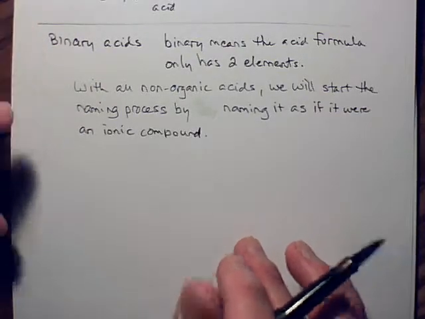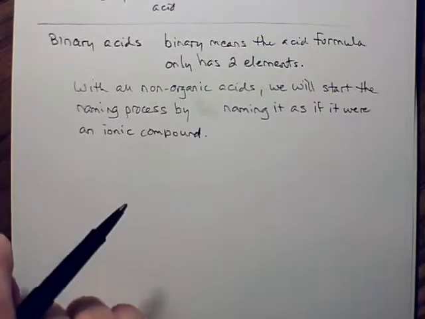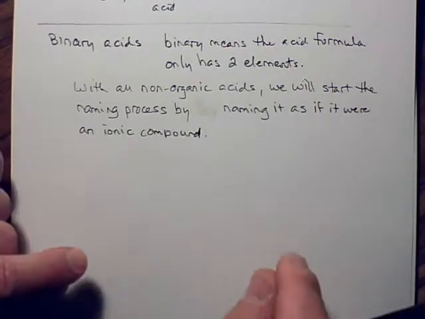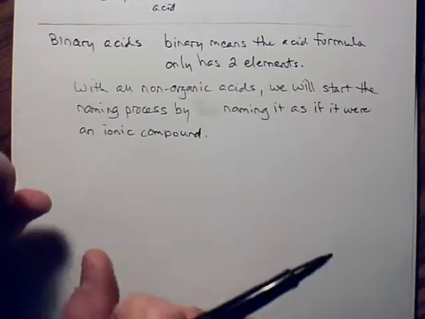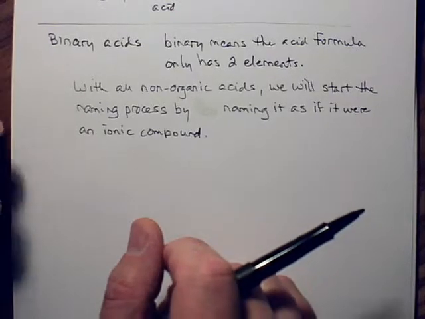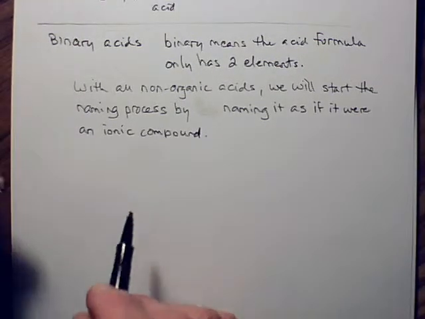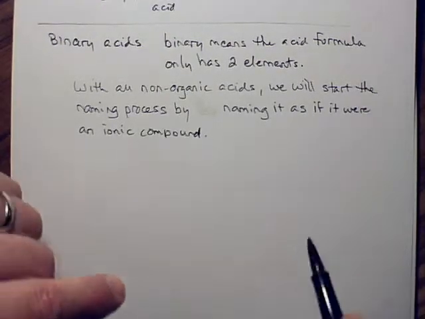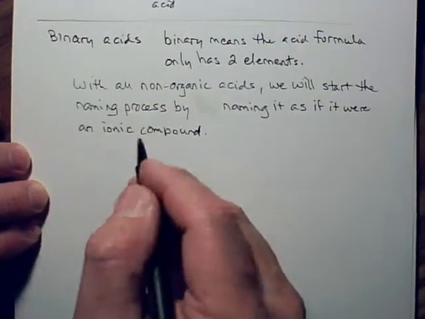When we have the name of the acid, then we're going to learn to write the formula by undoing that same process, just like we learn to balance compounds, and then sometimes we have to learn how to unbalance those compounds or undo what we did in order to find a charge on an ion. We're going to learn to write the name by naming it like an ionic compound, then undo that process to write formulas. So we're going to start with binary acids.